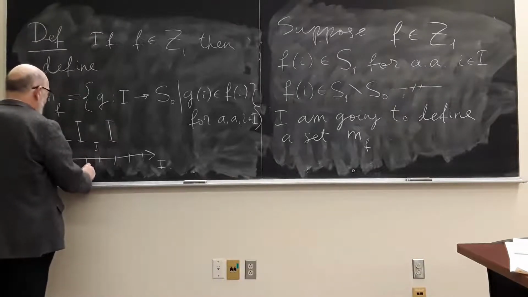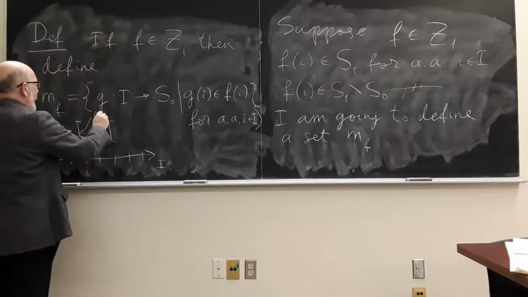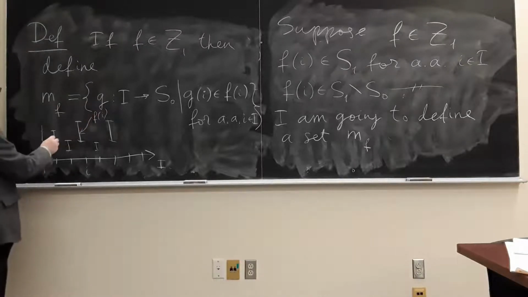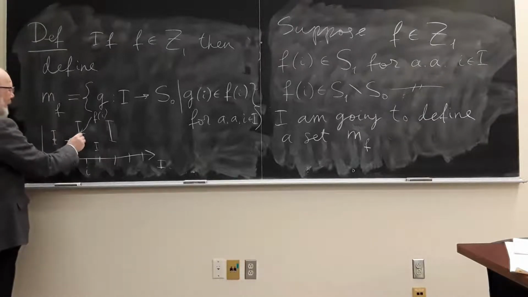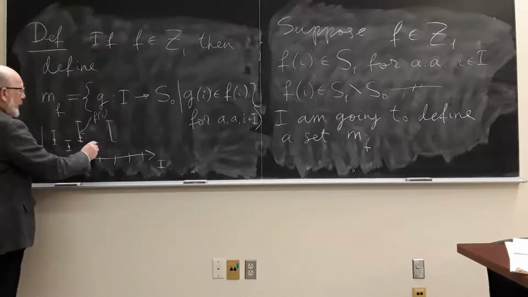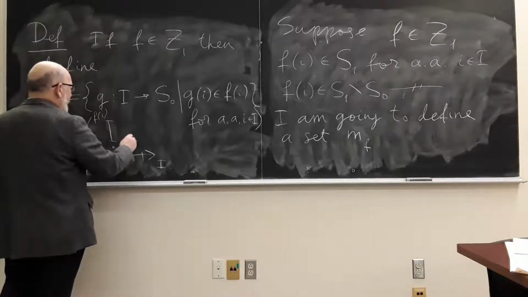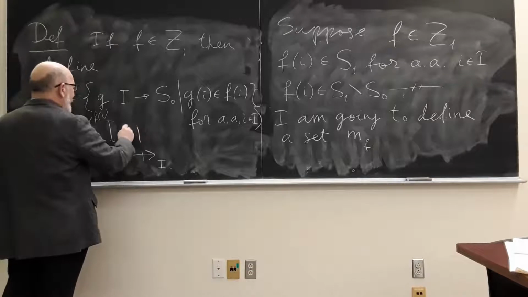So this is f of i, and f of i is a set. Now we define g of i such that g of i is an element of f of i.